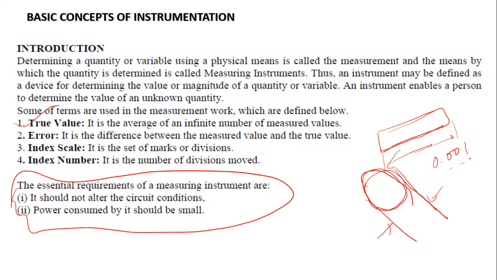a single measurement might not give you the actual value, the true value. Only after you perform a large quantity of measurements and take an average can the measured value be considered a true value. An error, by simple definition, is simply the difference between the measured value and the true value.